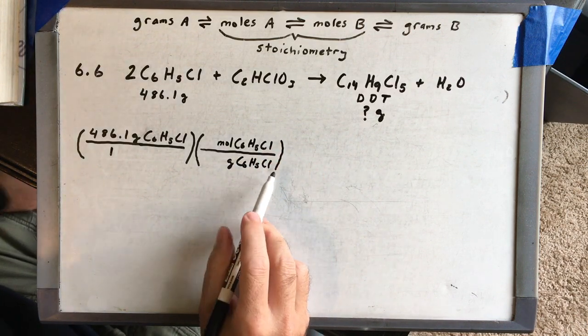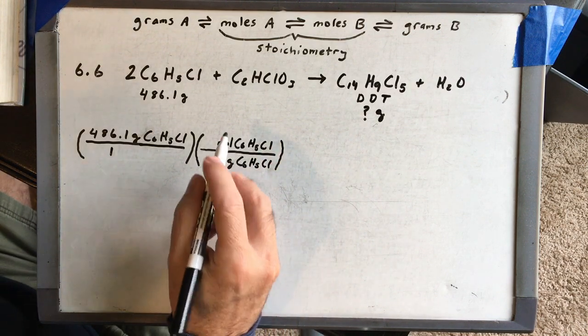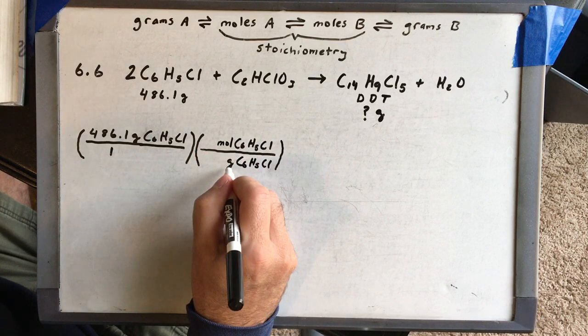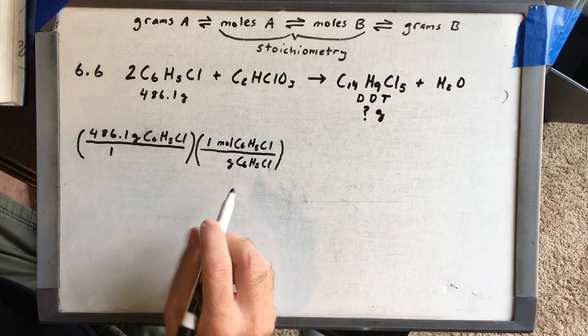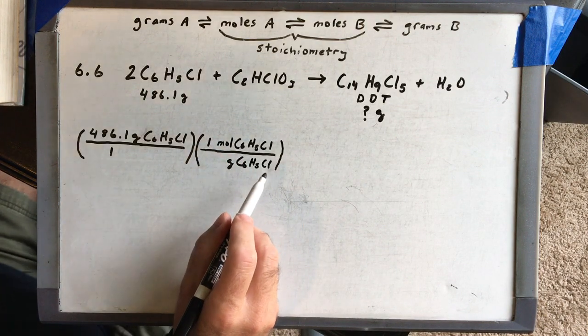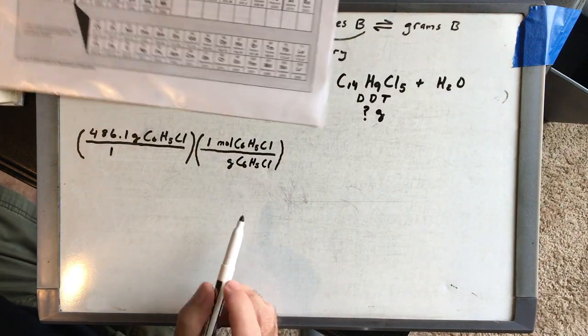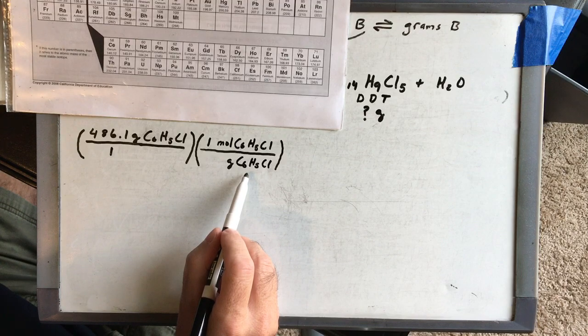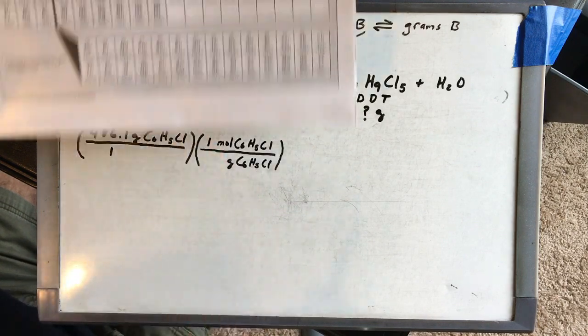Now, in this case, we are converting from grams to moles. You remember the 1 always goes by the mole here. Where do I get grams of C6H5Cl? I get it by adding up the molecular weight or the molar mass of C6H5Cl from the periodic table.